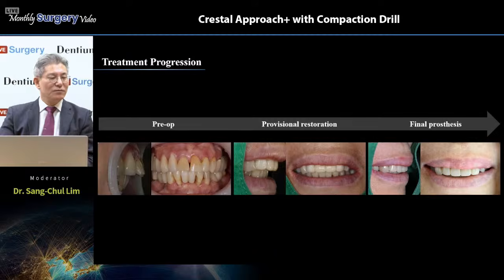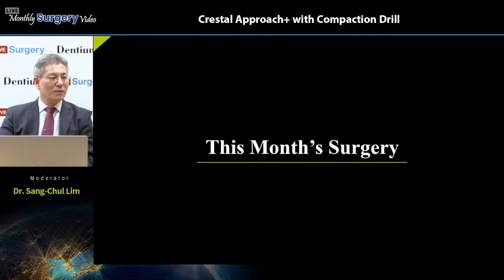And the treatment progression looks like here: pre-op, the surgery, and provisional restoration to evaluate the smile line and the soft tissue molding, and going to the final restoration. Okay, that was the outcome of last month's surgery video.